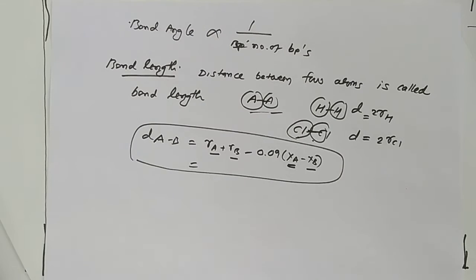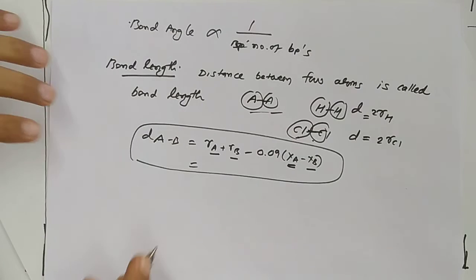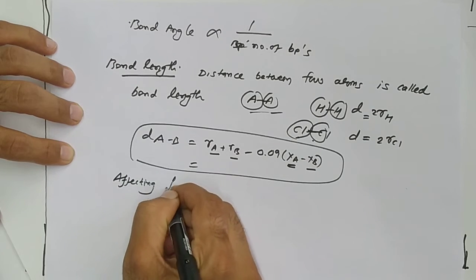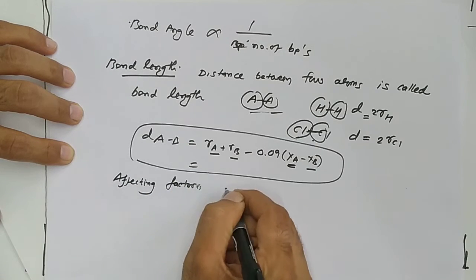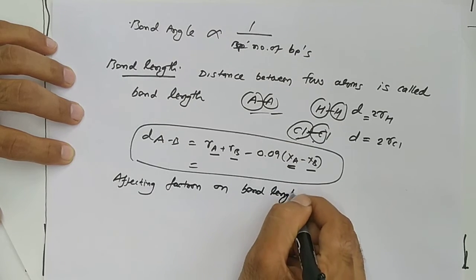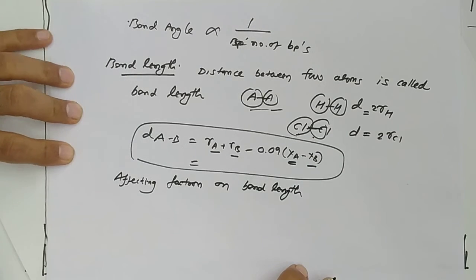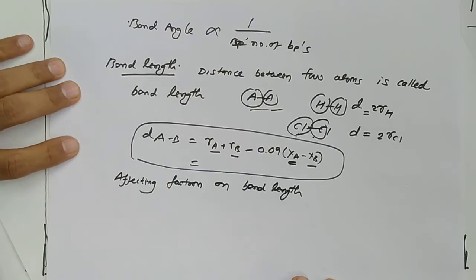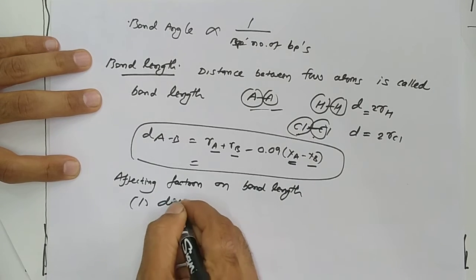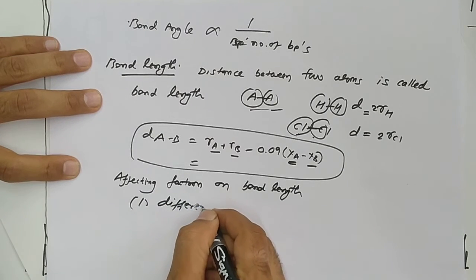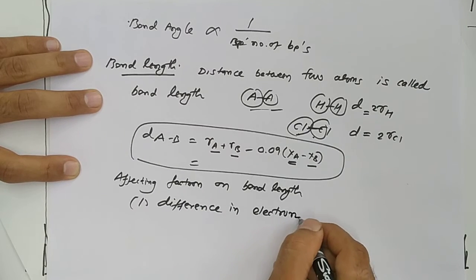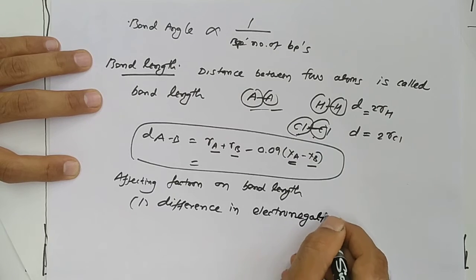So, affecting factors on bond length. First of all, difference in electronegativity.